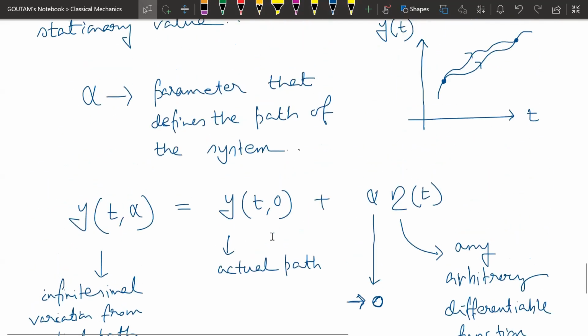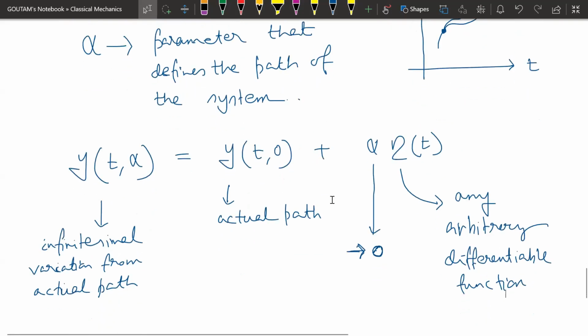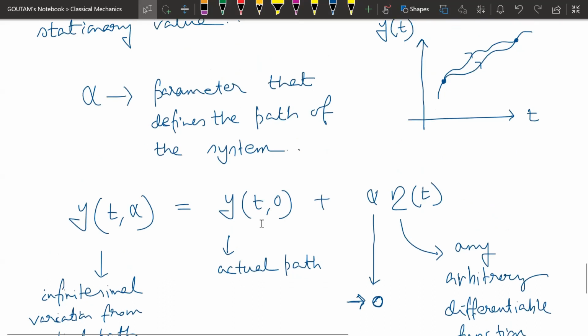For alpha equal to 0, we get the actual path. The parameter is defined in such a way that if we need to vary the actual path infinitesimally, we slightly change alpha, and eta is any arbitrary function. In this way, we can vary the actual path.